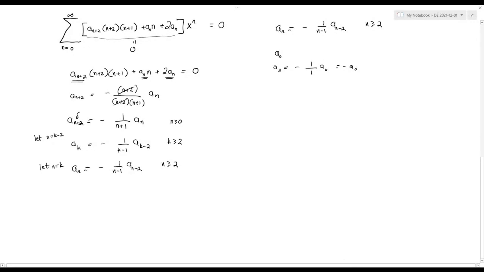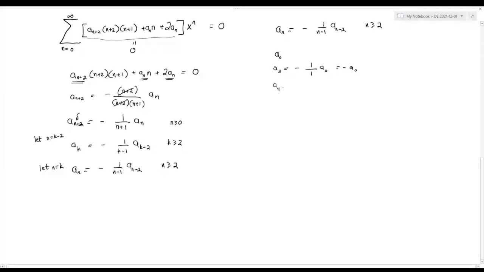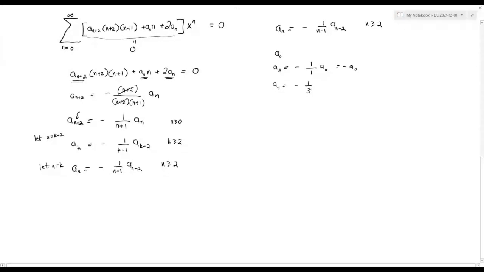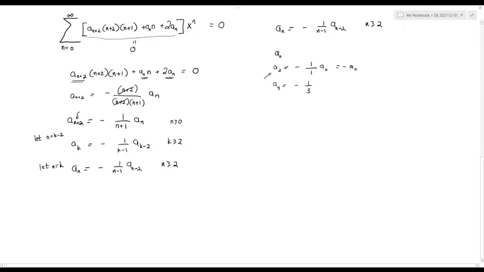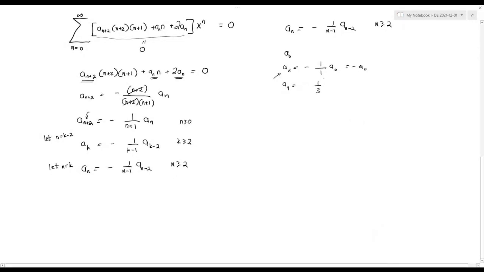And then we can use this recurrence to find a4. It's going to be the negative of 1 over 3 times a2. So we just write down what we have. And here, I'm not going to multiply anything out because I want to see patterns and factors.